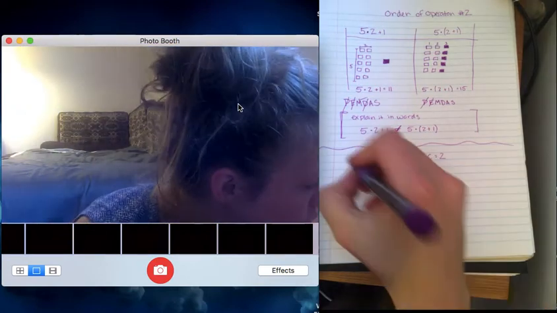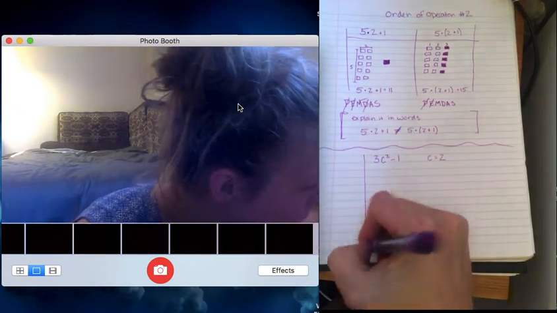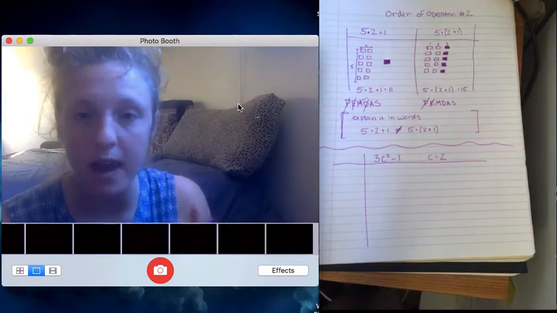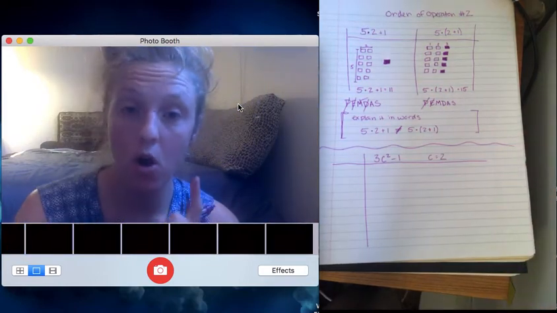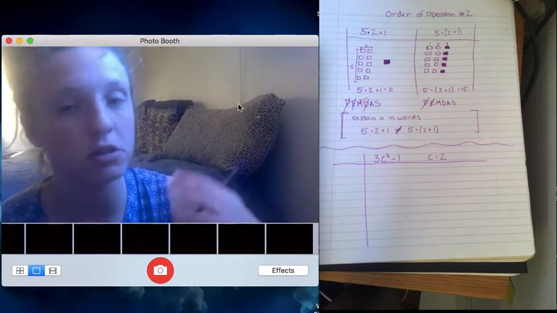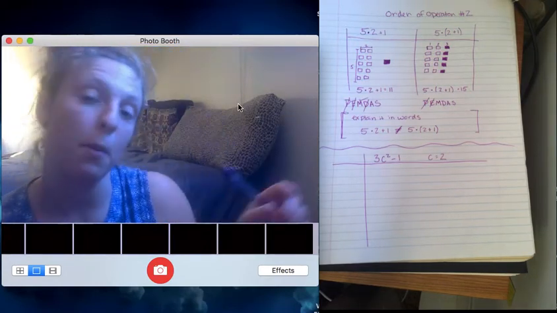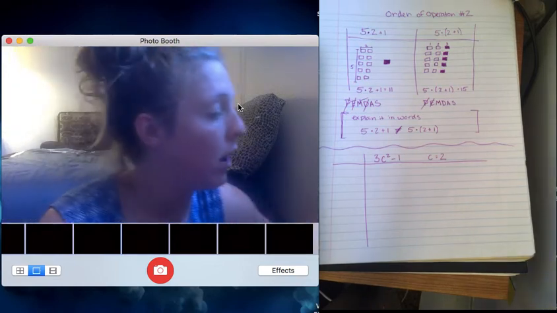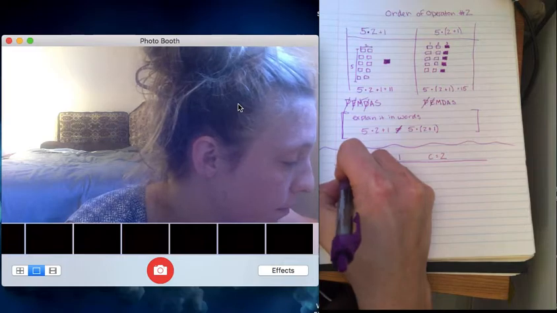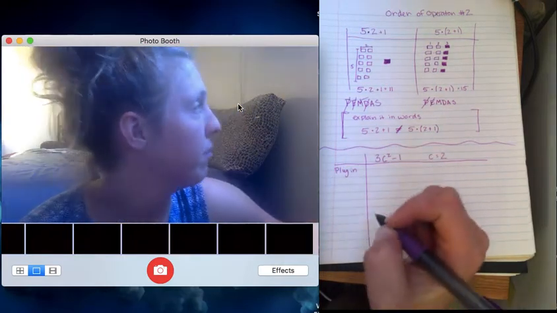Okay, and so we're going to come up with basically the same process, except we're going to add in one thing, because before we do our PEMDAS, we have to plug in our variable. Just like we plug in our toaster, we plug in everything, we got to plug in a variable, put the variable in the spot. Okay, so I'm going to add in one more row called plug in, okay?